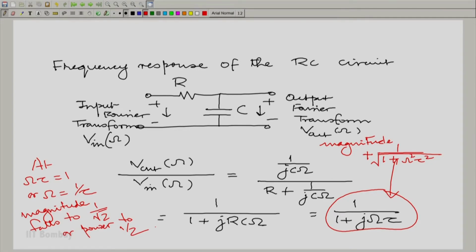If I were to give an input sinusoid, at 0 frequency it would come out with the same power, but at angular frequency 1 by tau, it would come out with half the power. That is the significance. A lot of people think of this as a critical point, the half power point. Of course, you could take any multiple. You could ask what is the value of capital omega at which the power falls to 10%. We could take any such value.